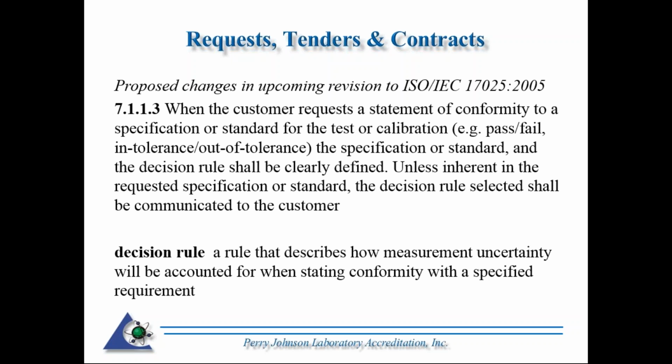So under the latest draft, 7.1.3 is stating, and this is under request, tenders and contracts, by the way, when the customer requests a statement of conformity to a specification or standard for the test or calibration, i.e. when there is a statement such as a pass-fail, in-tolerance, or out-of-tolerance, the specification or standard and the decision rule shall be clearly defined unless inherent in the requested specification or standard.